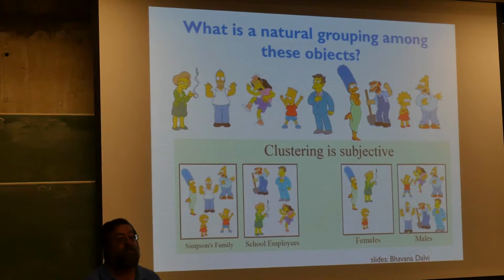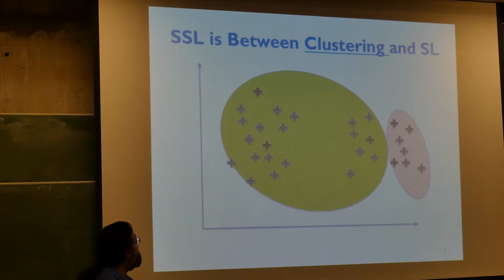You might cluster them into the main characters, Homer Simpson and his family. Or you might say, well, we've got boys and girls, right? Or maybe you've got children and adults. There's all sorts of possibilities. So clustering is a kind of subjective task. It's not immediately obvious what the right clustering is.